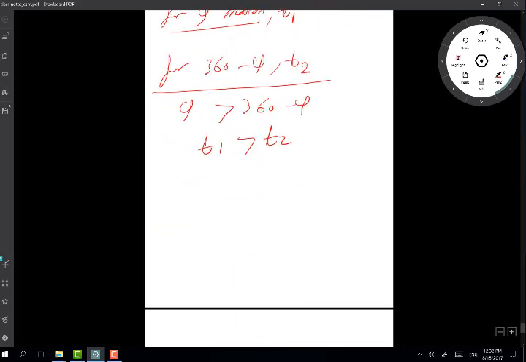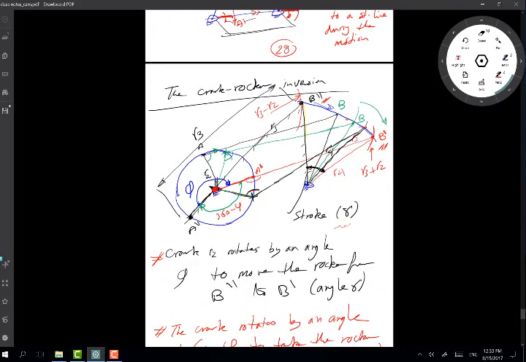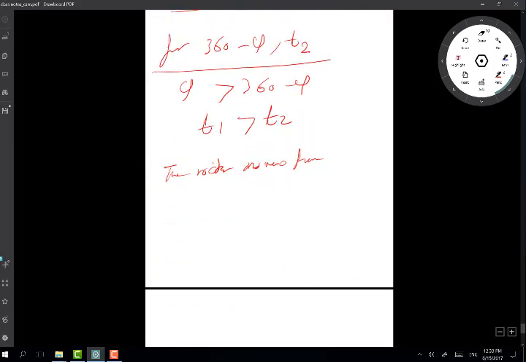So the rocker moves from B double prime, that's here, to B prime slowly, and then back fast.